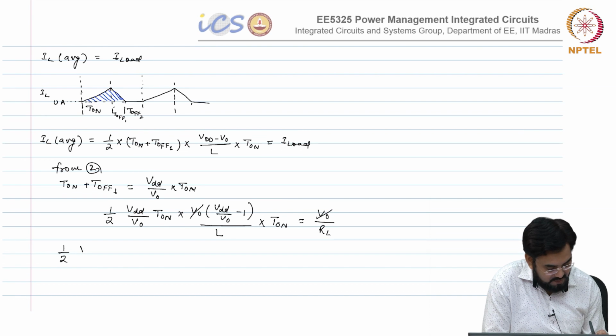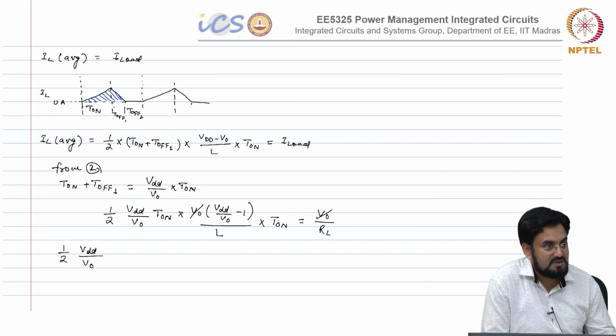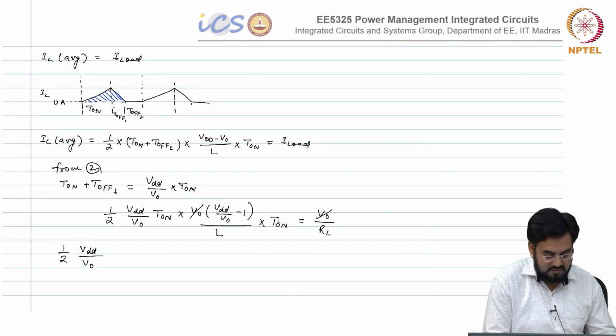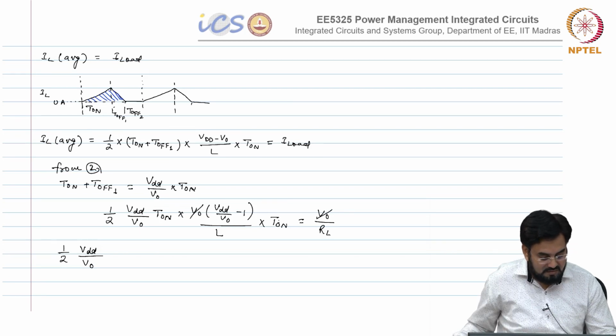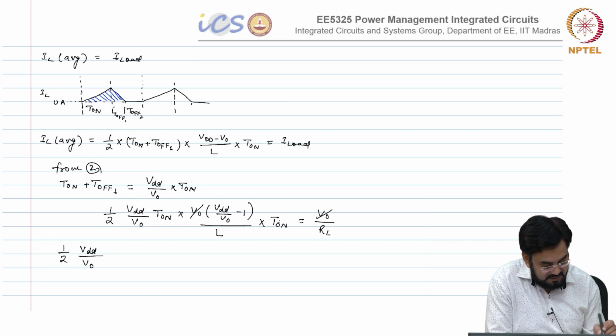Half of VDD minus V_out. So now we have two T_ons, T_on square. Divided by T. So the total area divided by T_SW gives I_load. Oh, sorry. Yeah. So wait.